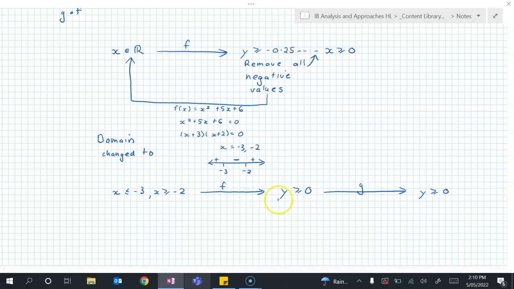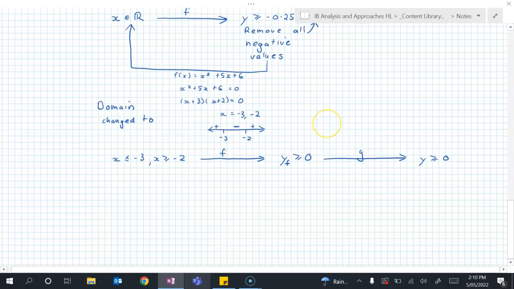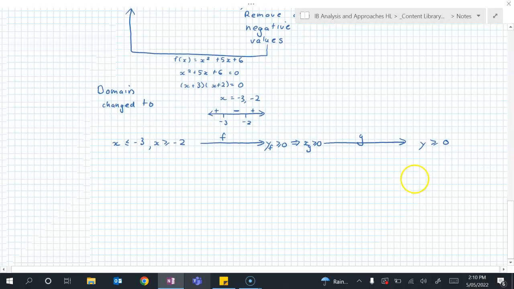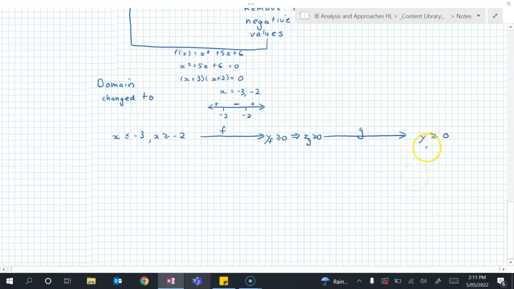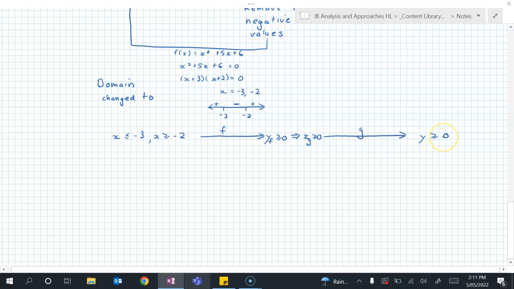And I might just call that y of f, just to indicate that that is the range of f. Actually, what I'll do is I'll call that y of f is greater than or equal to 0. Then we can go on to x of G, the domain of G, is greater than or equal to 0. And then my range, y greater than or equal to 0, is the range of my composite function.